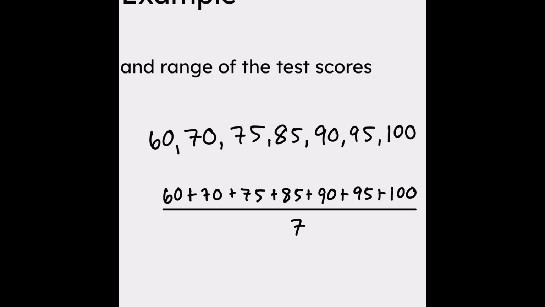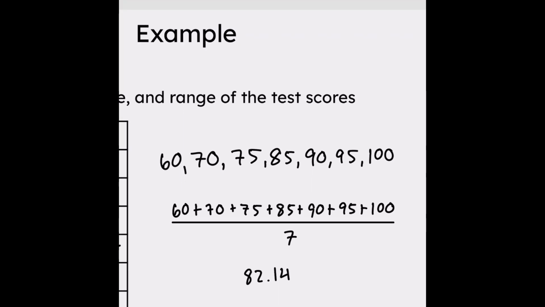So let me put this into the calculator. And we get that the mean, or the average, is approximately 82.14. So that's the average score.